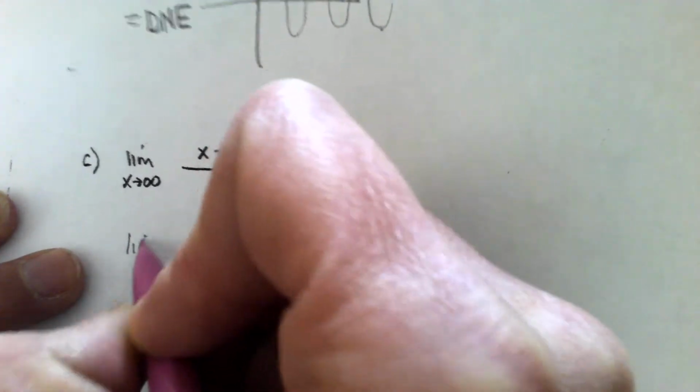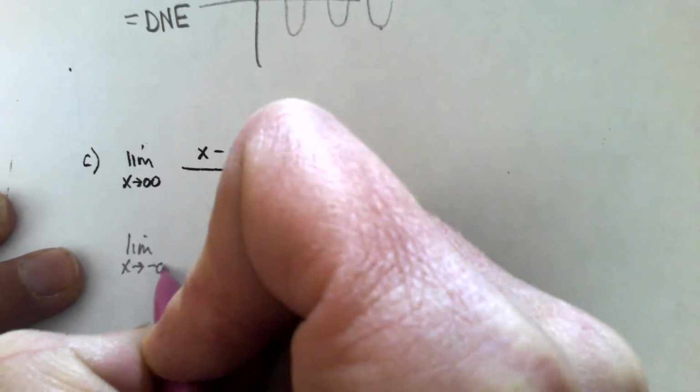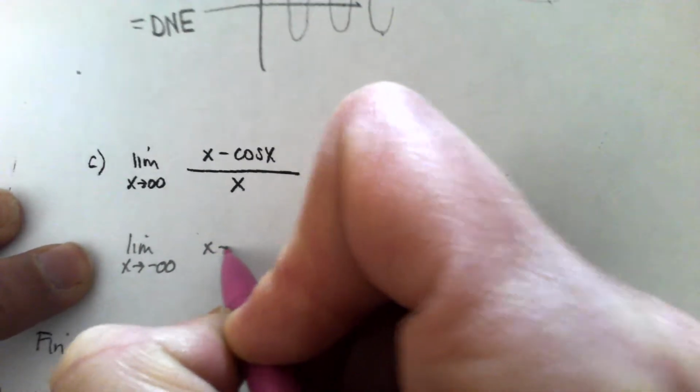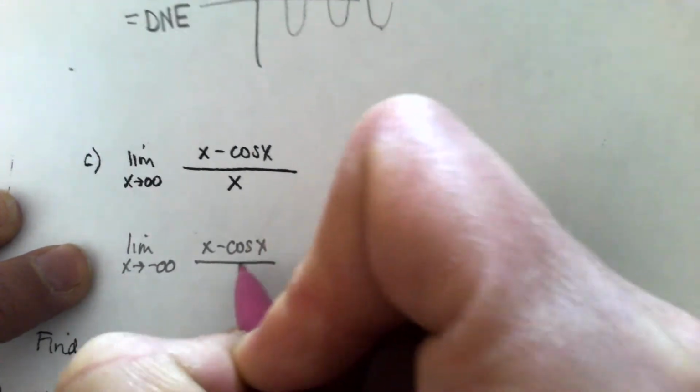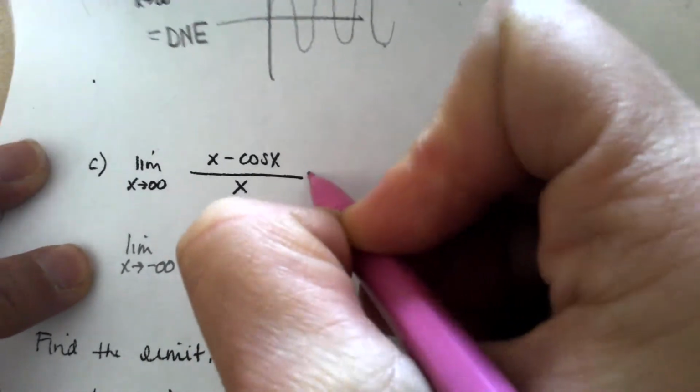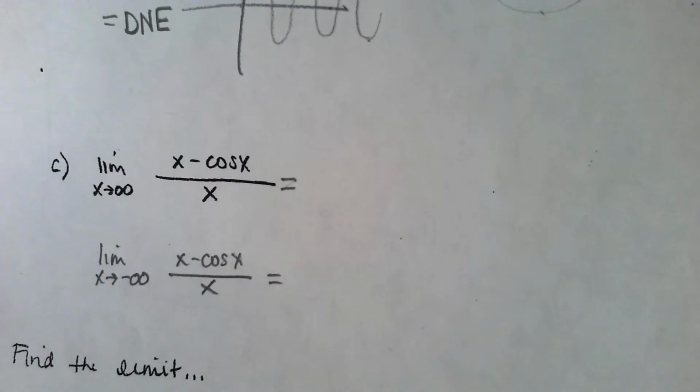And if you are finished, also look for the limit as x approaches negative infinity on the same function, and see what you think. I will tell you the answer is not does not exist. So don't put does not exist, because there should be a numerical answer for both of them.